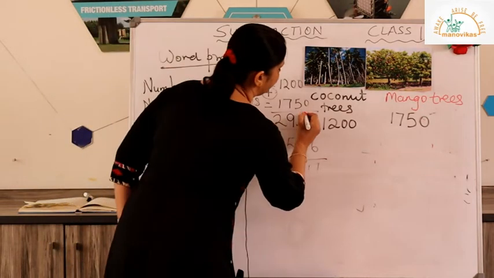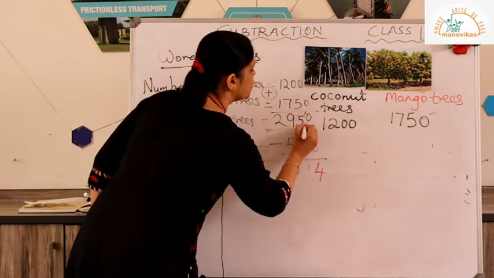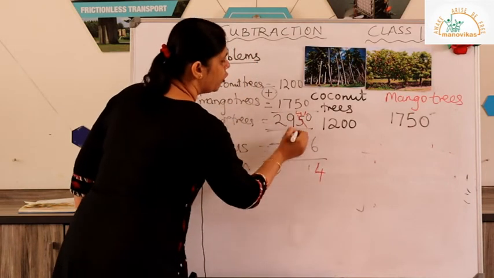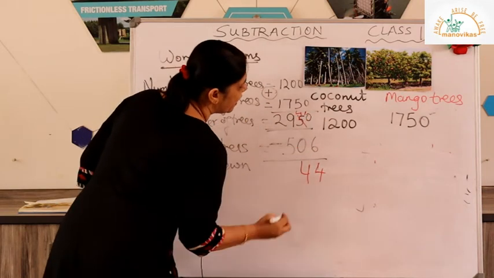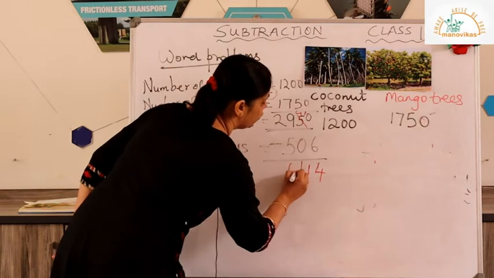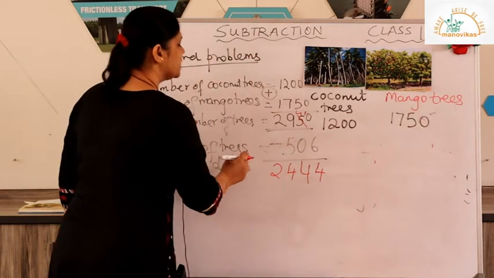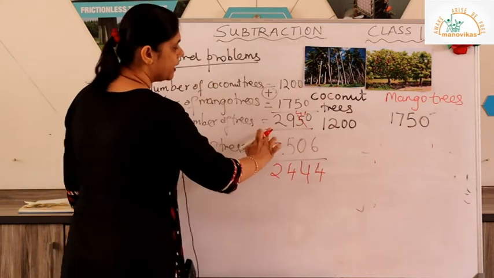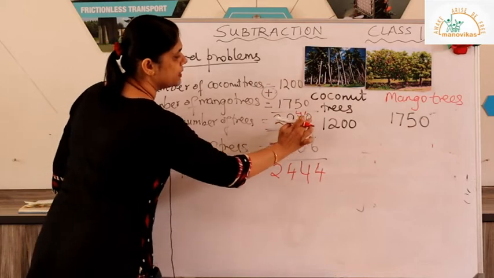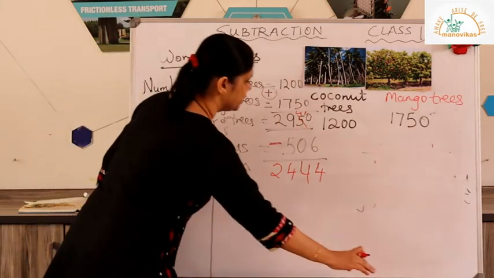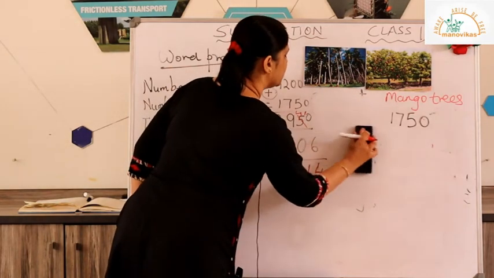Minus these two numbers. So what is the answer I will get? Borrow 1. 10 minus 6, 4. This will become 4, right? 4 minus 0, 4. 9 minus 5 is how much, children? 4, correct? And this 2 minus 0 is 2. So what is the answer you will get? What have I done? First tell me. From the total number of trees 2950, I have subtracted 506 trees which fell down in the storm.